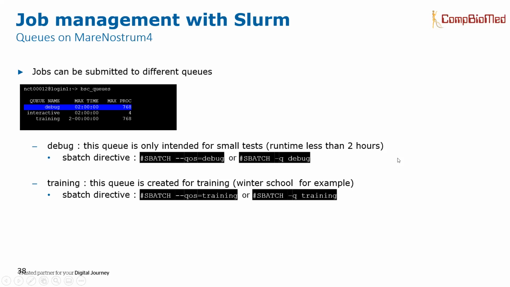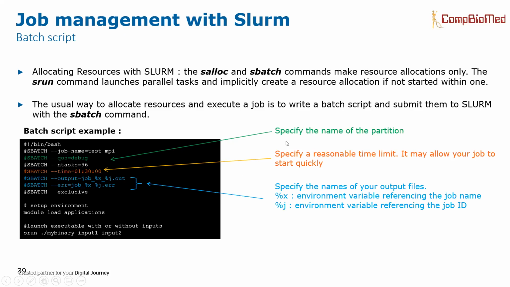This is an example of when you want to perform calculations using a batch script, which is different from an allocation in interactive mode. You can start writing your script and specify all the options that you want.